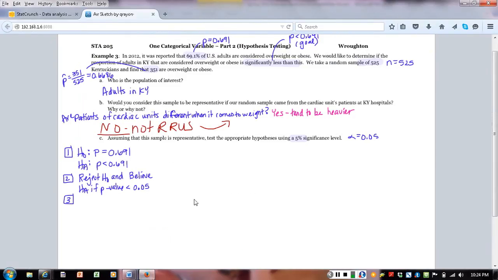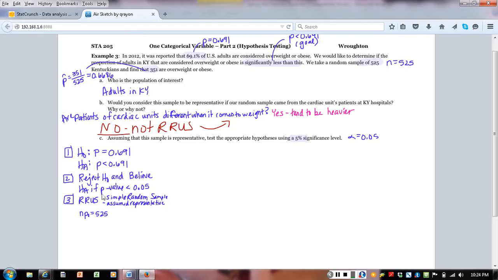So we already have our relatively random and unbiased sample. So they're doing a simple random sample. And then we were just told to assume that it was representative. So we're assuming it's not biased from what's stated in the problem there. Then we need to take our n times our p0. So our n is our 525.